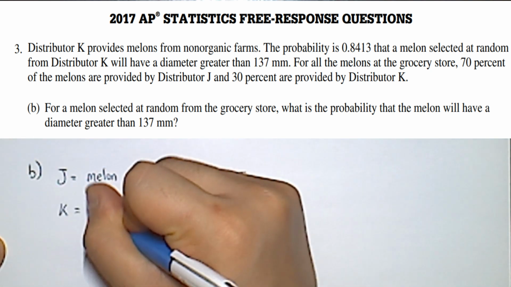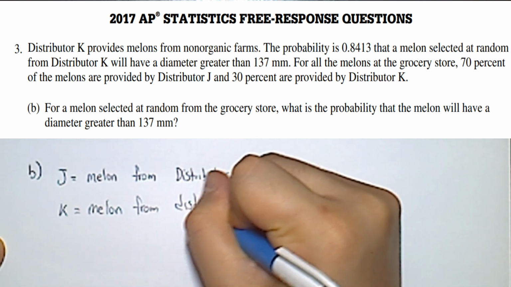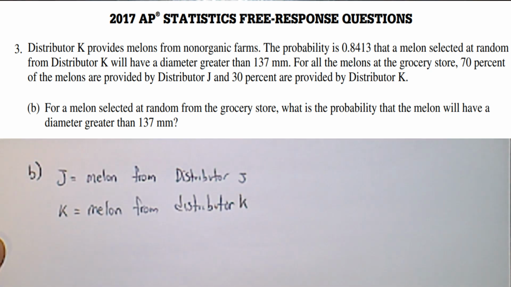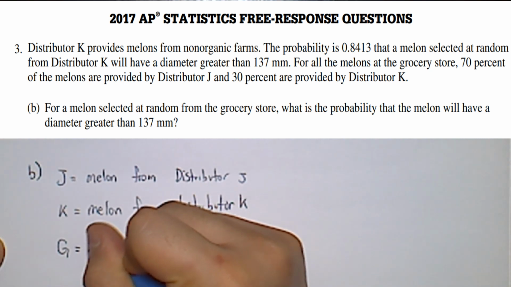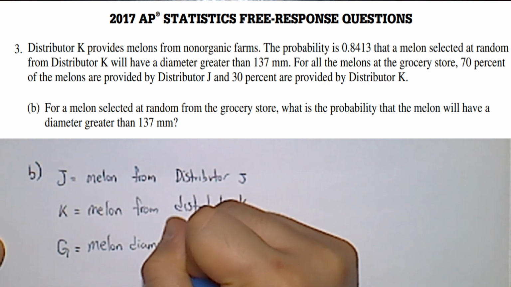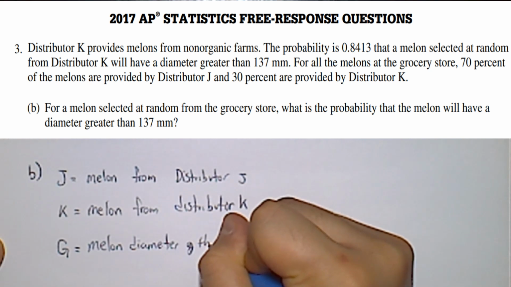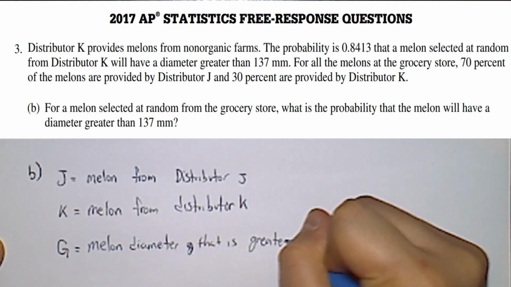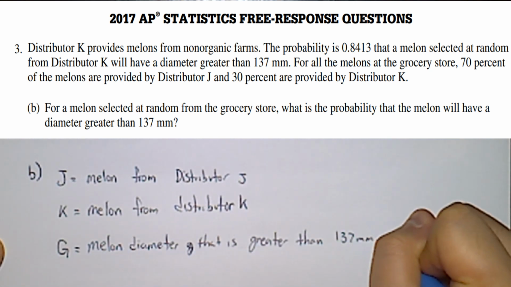K is the melon from distributor K. And I'm going to say G for melon diameter that is greater than 137 millimeters.